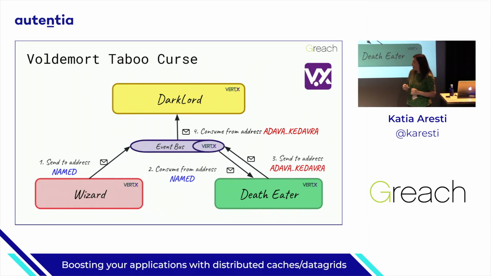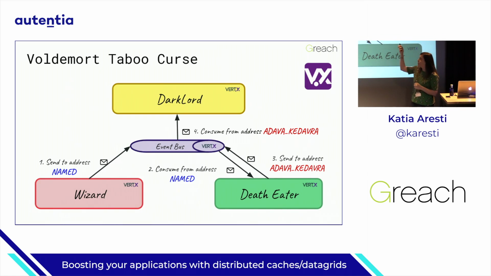In this application, what I've done is create a verticle in Vert.x, in a cluster, that will send a message to the event bus to say this wizard has said Voldemort. There is another verticle that will consume messages from the event bus, and whenever it gets the name of a wizard, it's going to send a message to the Avada Kedavra address to say I'm starting to kill this wizard, and when it's over, it's going to send another message to say I'm over killing this wizard.